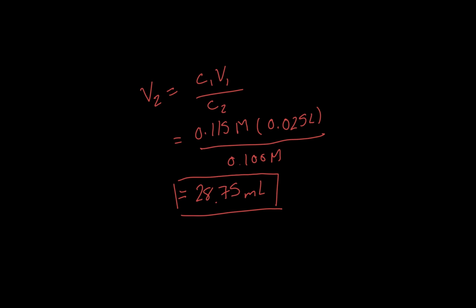Okay, and next, we're looking for the pH after we add 5 milliliters. So put 5 milliliters up here. Okay, so pH after 5 milliliters. So we're going to do it exactly the way that we did it in the first place.